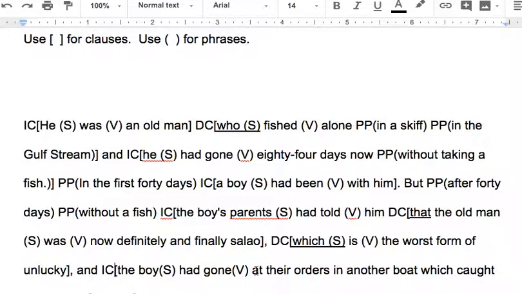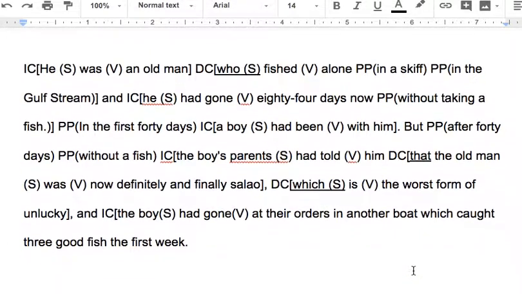The boy had gone at their orders in another boat, which caught 3 good fish. We have another verb, so let's identify the verb. And to the left of that is our subject subordinator. Oops.